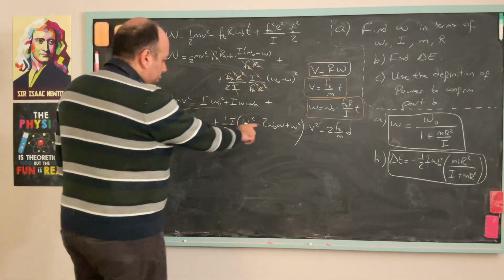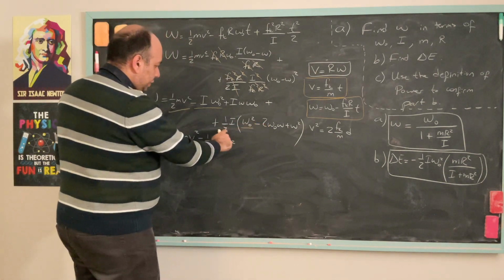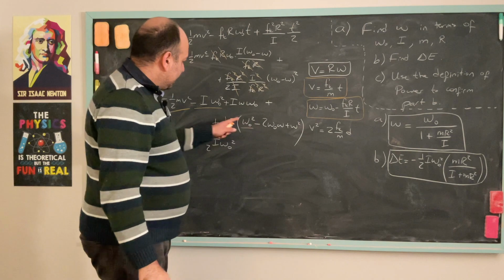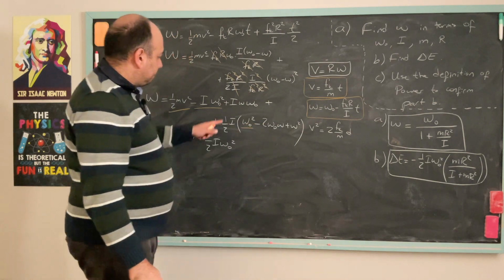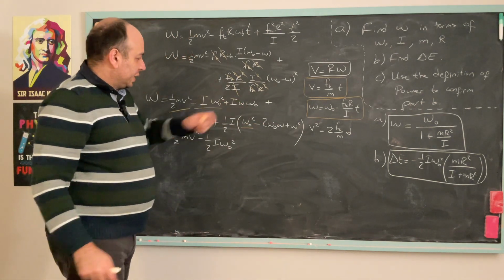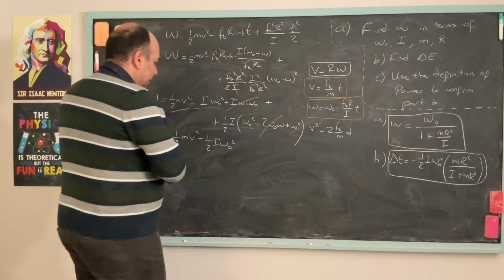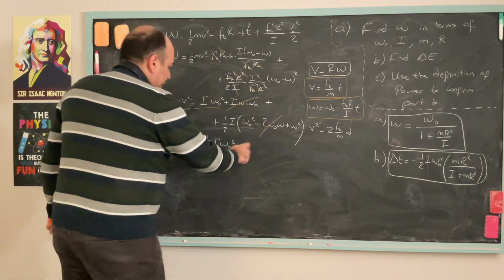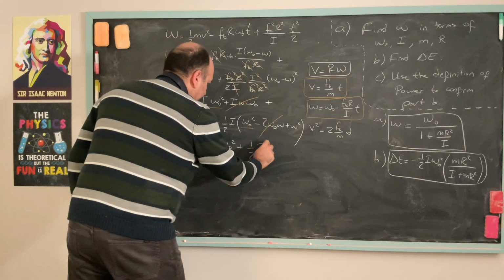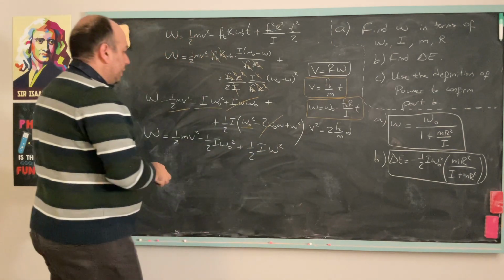So let's look at the cross term here. I have 2 divided by 2 is 1, so I have minus I omega naught omega. But I have plus I omega naught omega, so these two terms simply cancel each other out. End up with the last one, which is 1/2 I omega squared.